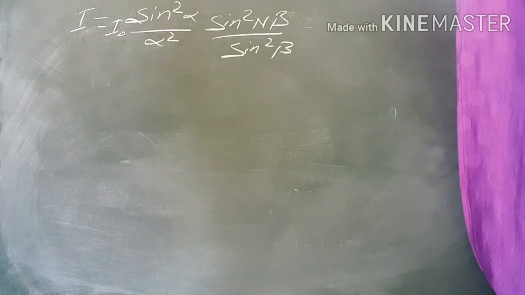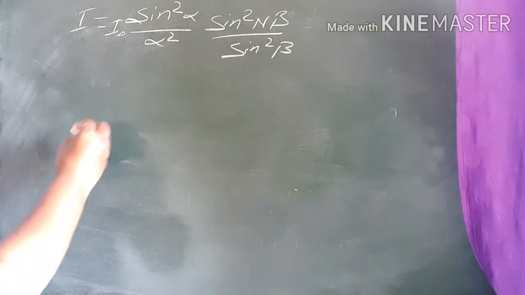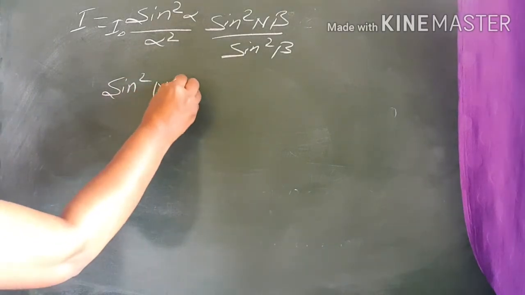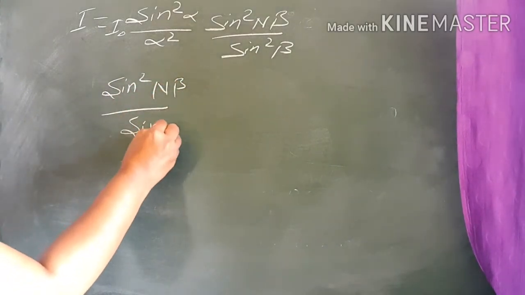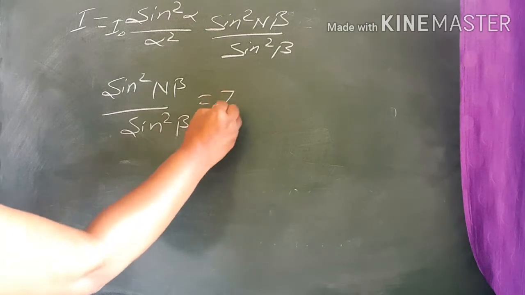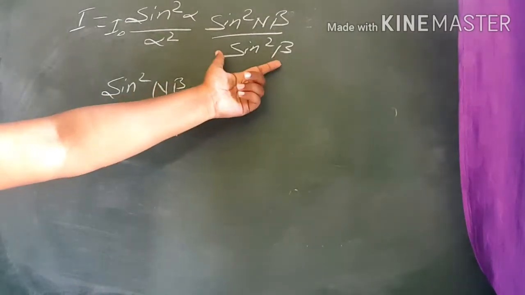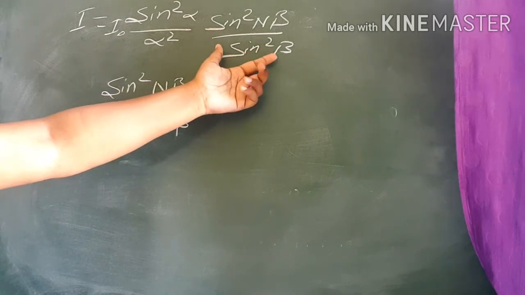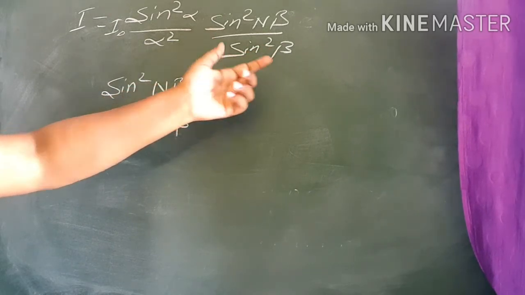This term gives the diffraction pattern due to n slits. Now suppose sin square n beta by sin square beta is equal to z. We consider only this term because it will give the effect of n slit diffraction.